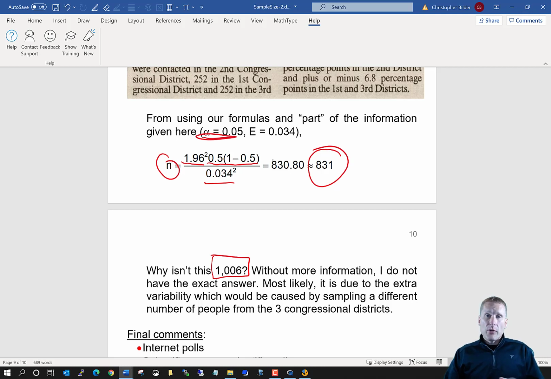And so what they could do is downweight those people who voted in the poll a little bit. And when you do all that, that changes what your sample size and what your margin of error would be, without going into all the details. Okay.